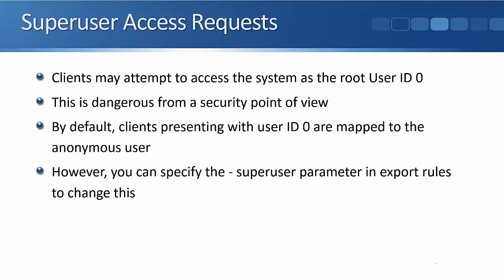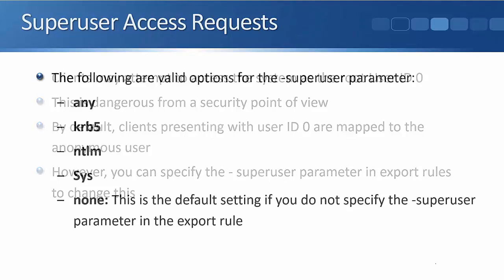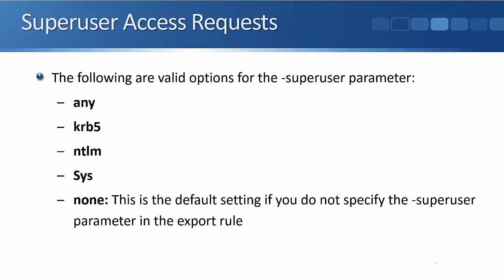However, you can specify the superuser parameter in your export rules to change this. The following are valid options for the security type, meaning the way the client authenticates, in the superuser parameter. We can say any, Kerberos 5, NTLM, sys, or none. None is the default setting if you do not specify the superuser parameter in the export rule.